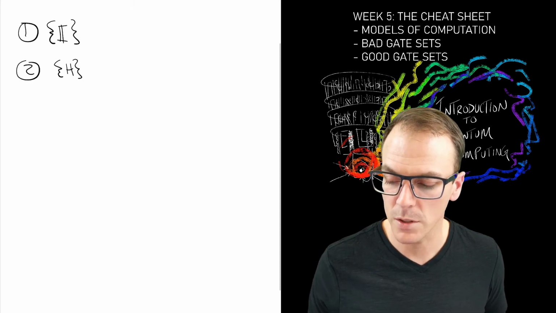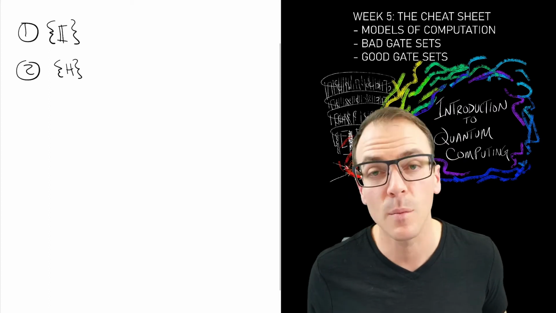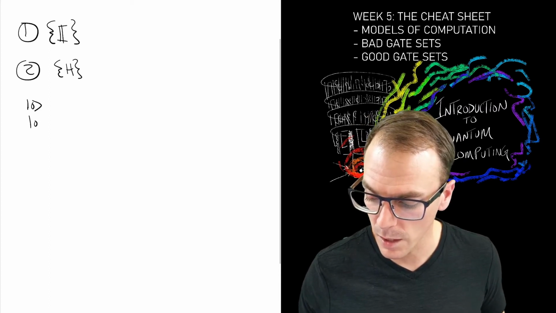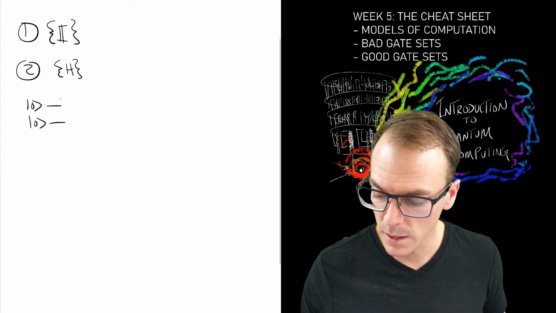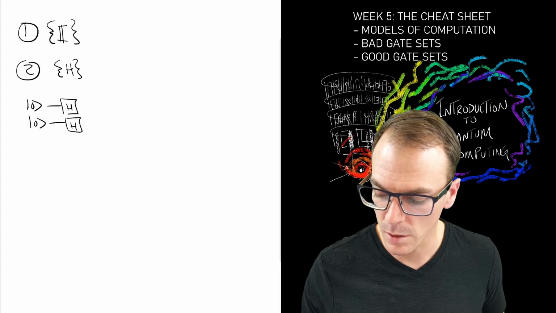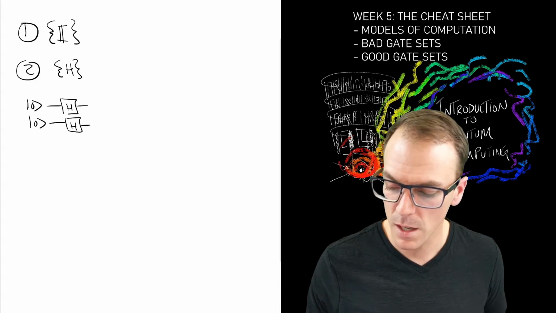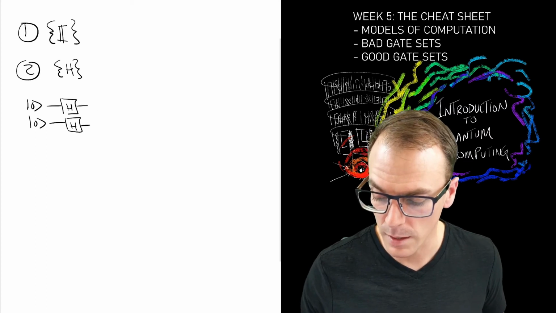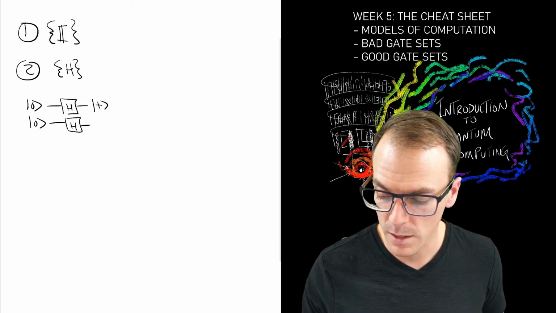We've seen this Hadamard gate, and what did it do if I had a quantum computation that started in the canonical zero state in the computational basis, and I perform a Hadamard on each of those qubits? They're going to end up in the plus state.